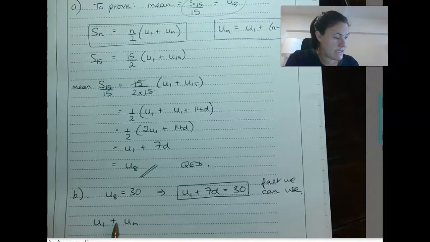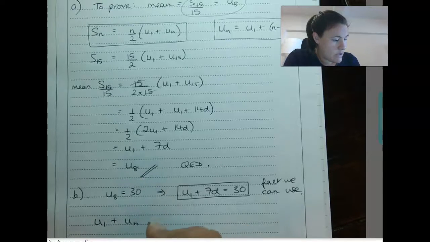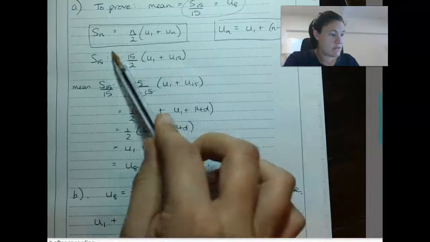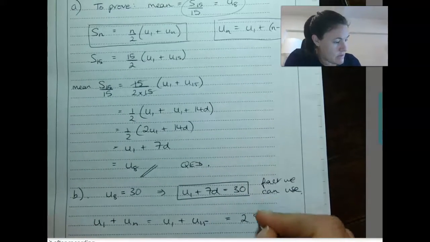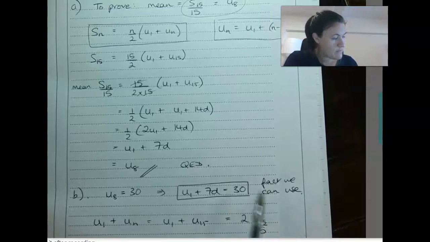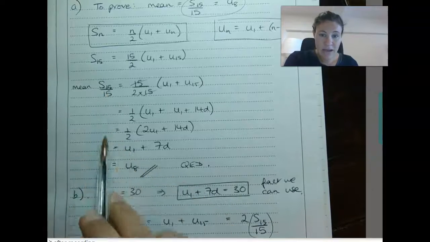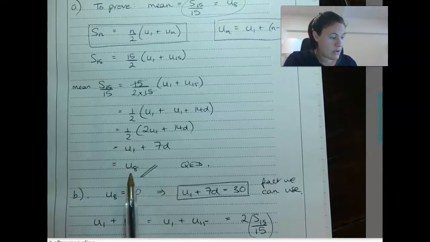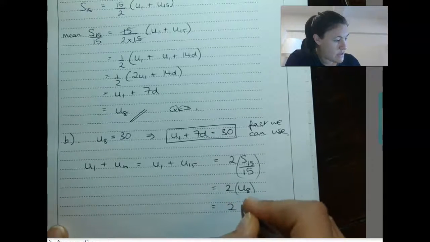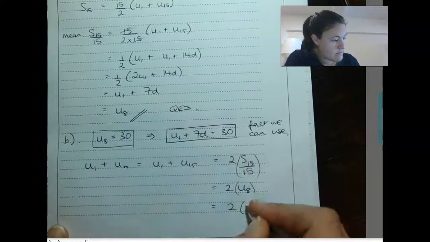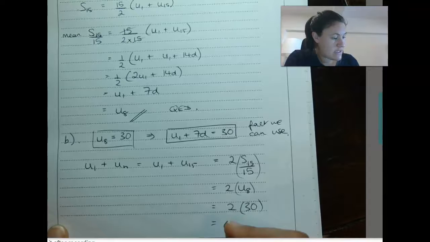I am going to jump around a little bit, but I've got u1 plus un, which for this sequence is just u1 plus u15, and using this I'm going to rearrange it to say that is the same as 2 times the sum of 15 over 15. Then looking here, that is just u8. I've already got that from there, so that is 2 times u8, which is 2 times 30, which is 60.